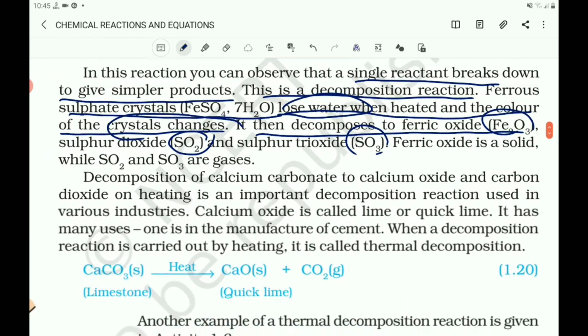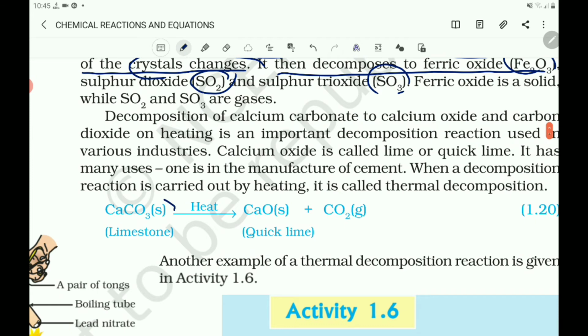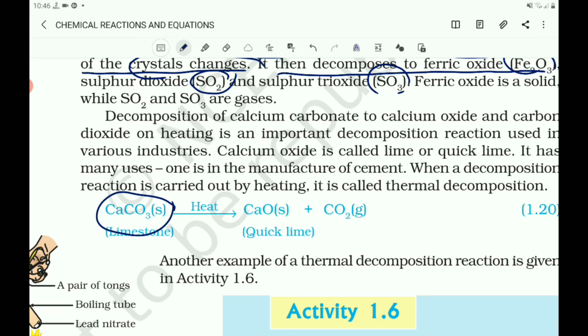Similarly, you can have one more example, calcium carbonate, that is limestone. When calcium carbonate is heated, you will get calcium oxide and carbon dioxide.